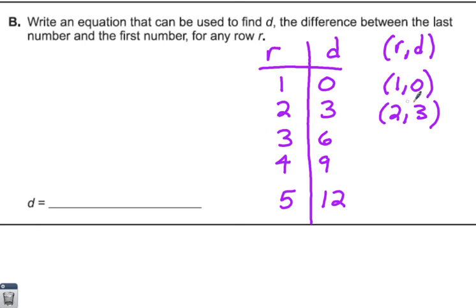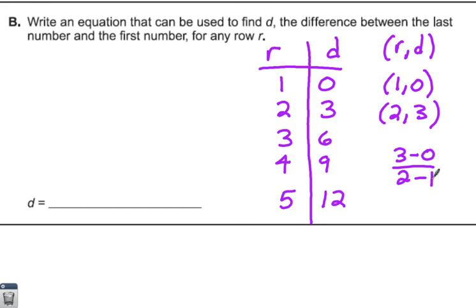But let's go through the motions of taking 2 ordered pairs and coming up with an equation. Well, what do we need? We need slope. And so if we do 3 minus 0 over 2 minus 1, like the change in y divided by the change in x. Or in this case, it's not really a change in y, it's a change in d.